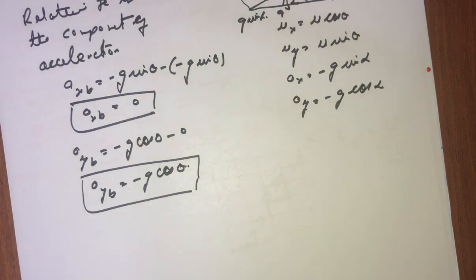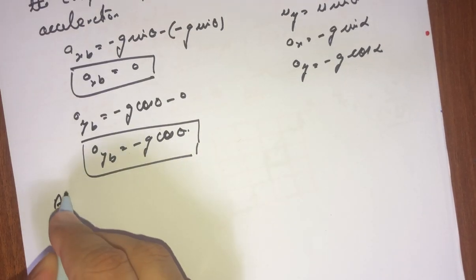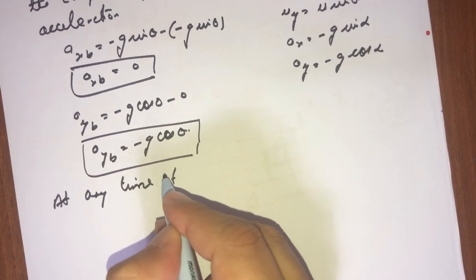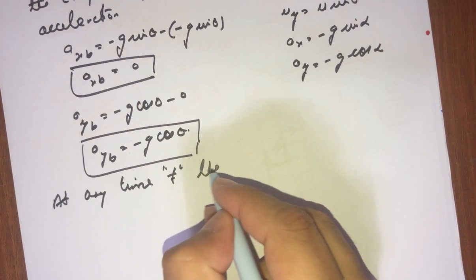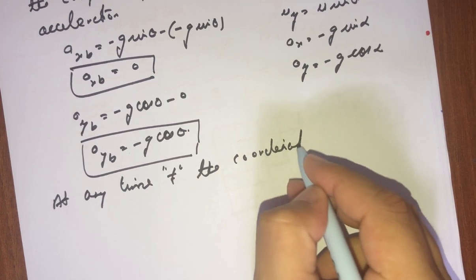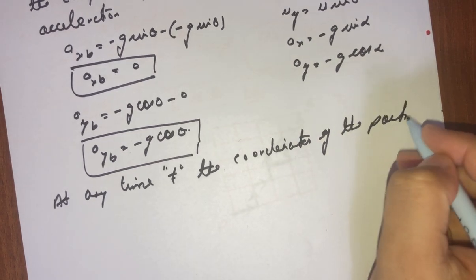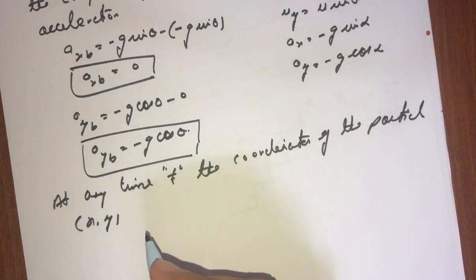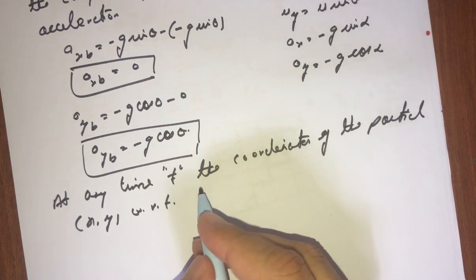So let us say at any time t, the coordinates of the projectile, or particle rather, are x, y, and that is with respect to the box.